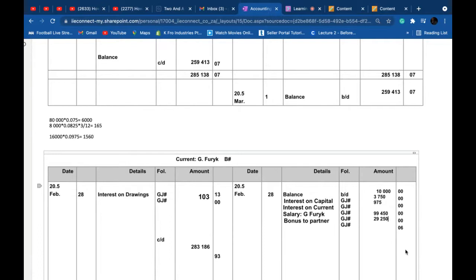And what was the contra account when we debited the appropriation account? We wrote replacement reserve. Has that got anything to do with any of the current accounts? It's got nothing to do with it.